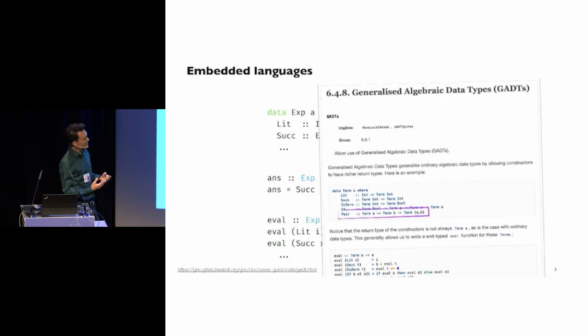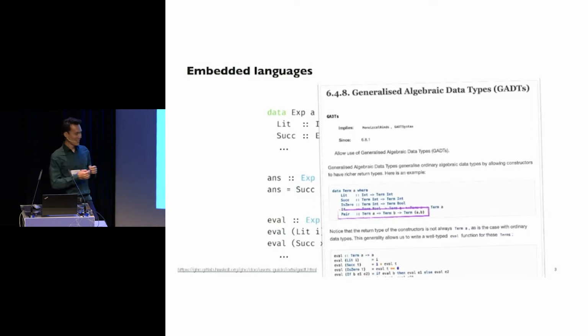So GADTs are this thing that's been in Haskell for a while now. And writing these kinds of embedded languages is sort of the canonical example of why you want to use the GADT. And in their example here, they have this constructor pair, which is quite nice, right? I give it a term of type A and a term of type B, and that says, oh, this is the same as having a term of pair AB, right?